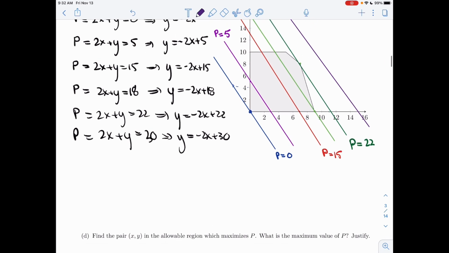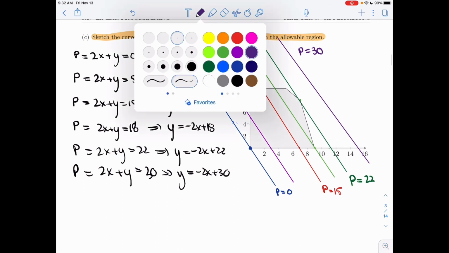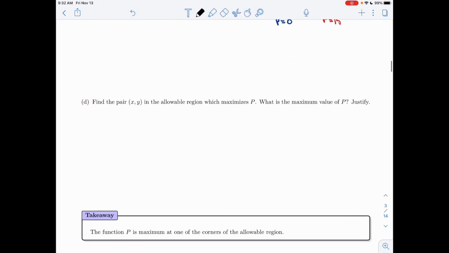All right. Now I'm asked to find the pair in the allowable region which maximizes p. What is the maximum value of p? So let's look at this graph a bit more. You can see that as k grows, the curve p equals k moves further out.